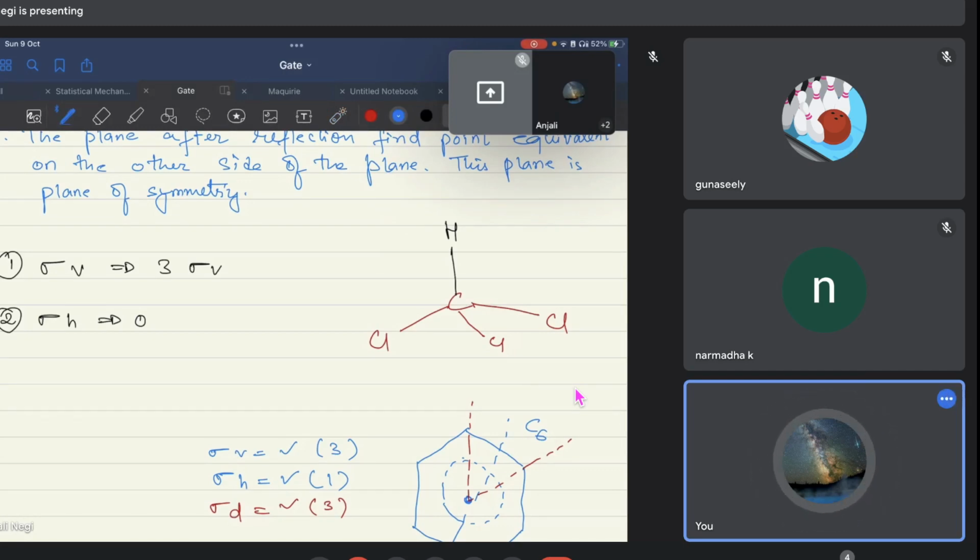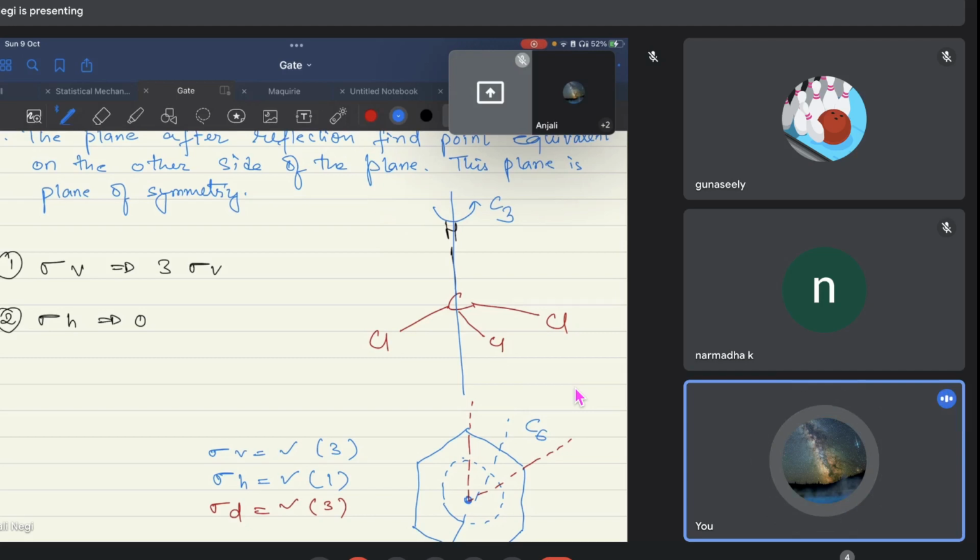So what is the principal axis here, in CHCl3? C3, ma'am. Correct. So this will be my principal axis of rotation, C3. There is no C2 here, only C3 is present.